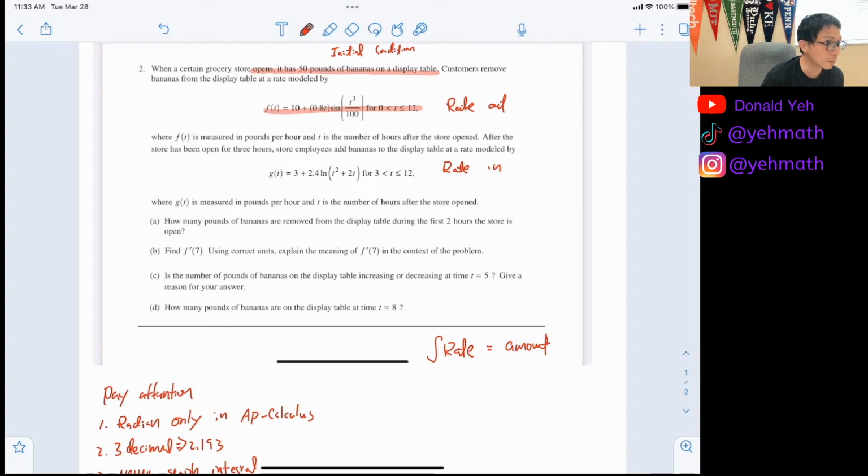So integration of the rate of removal is going to tell you how many bananas you put back. Also, if you want a total rate, the total rate usually is rate in minus rate out.